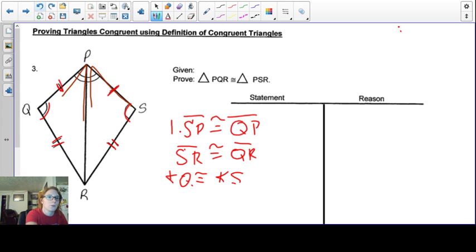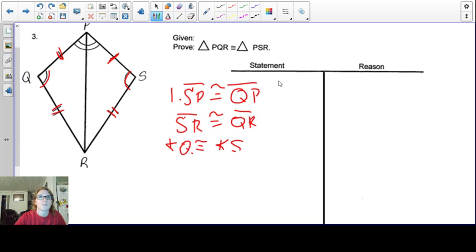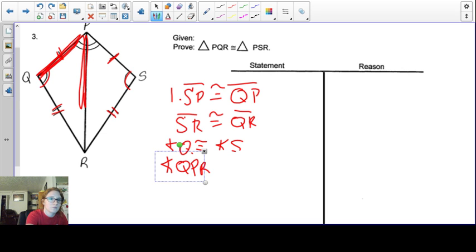I'm going to undo those weird marks so we don't confuse ourselves. So if I go angle Q, P, R, go Q to P to R, notice that direction.